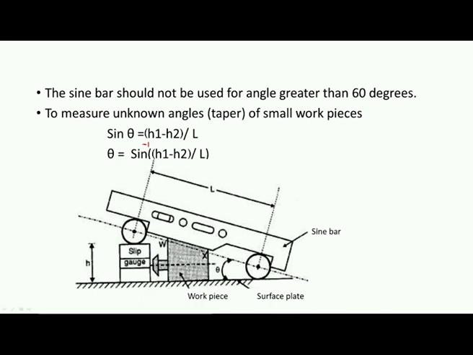You can see here, this is the workpiece, and we need to measure the taper or the angle between this surface and this surface. This is the angle that is to be measured. We have to clean the surface of the workpiece, and we should keep the workpiece on this cleaned surface plate, and then over that we have to mount the sine bar as shown in this picture.